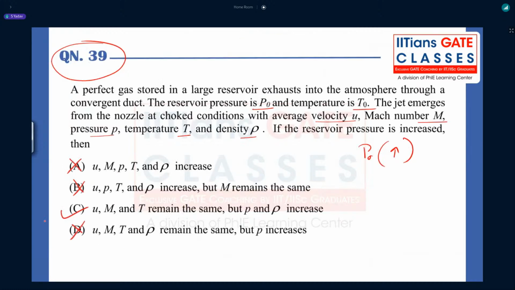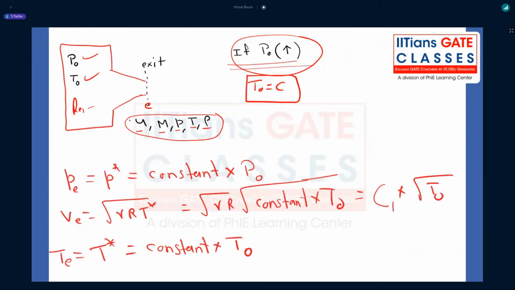One more thing to pay attention to: it is saying that the nozzle is choked. We don't have to figure out that part, it is already given. When the nozzle is choked, the exit pressure is nothing but P star, the critical pressure, which is a constant multiplied by P naught. This constant depends upon gamma.